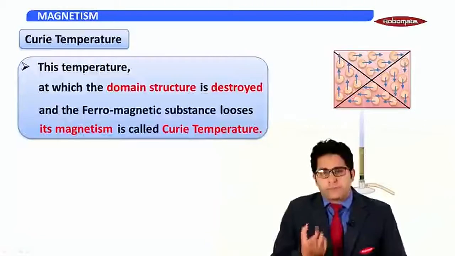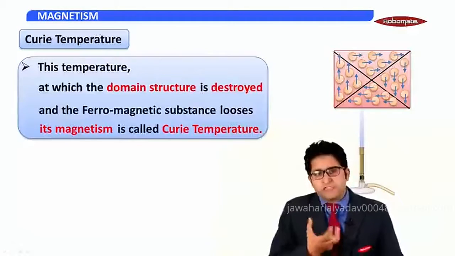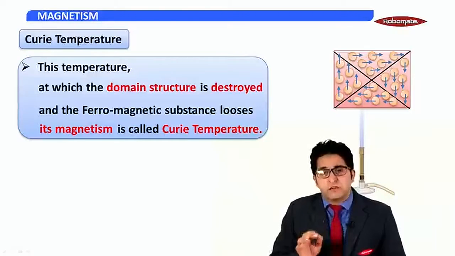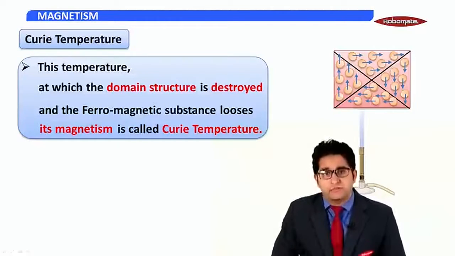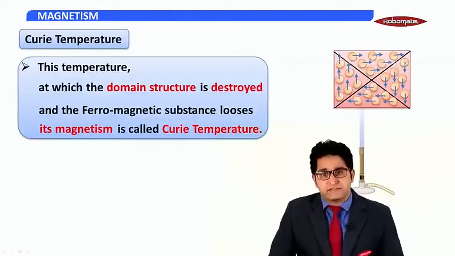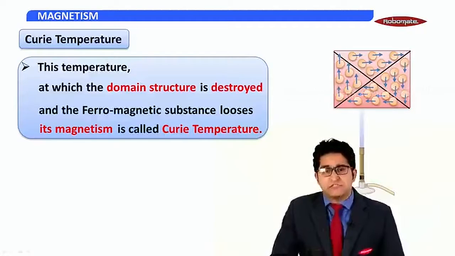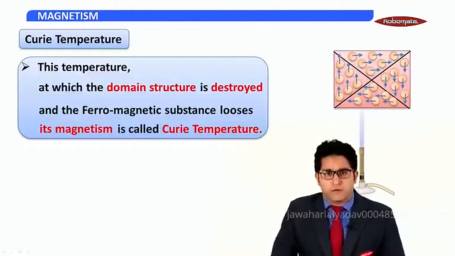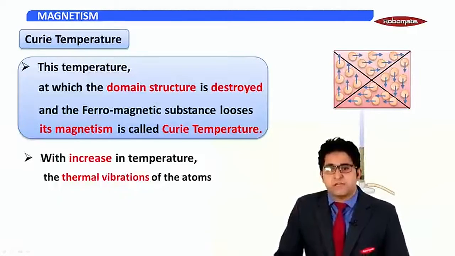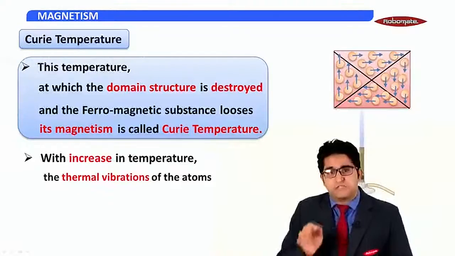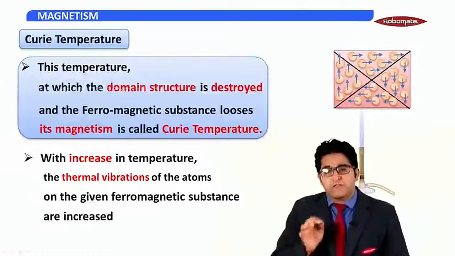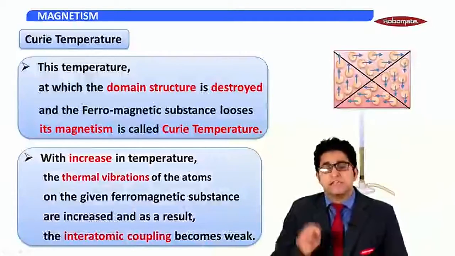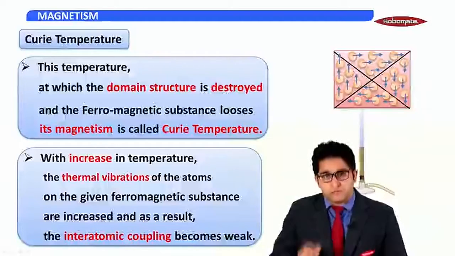Now let us see what actually happens when it is heated. When a sample of ferromagnetic material is heated, the thermal vibrations of all the atoms in the sample increase, right? And as a result, the exchange coupling or interatomic coupling becomes weak.